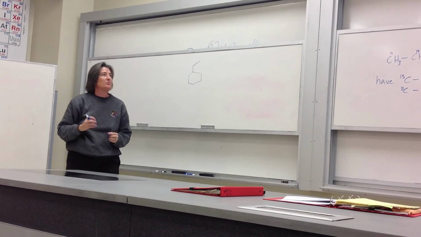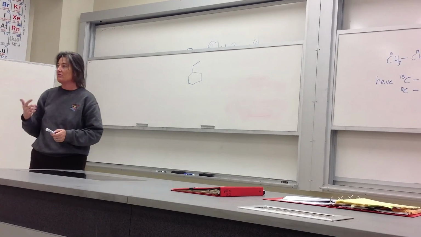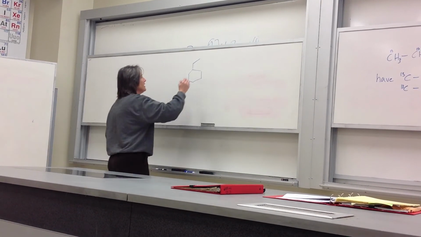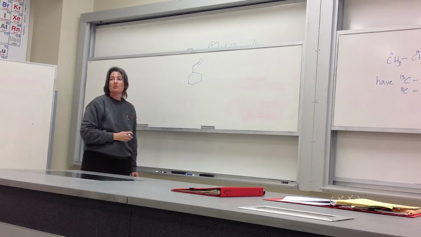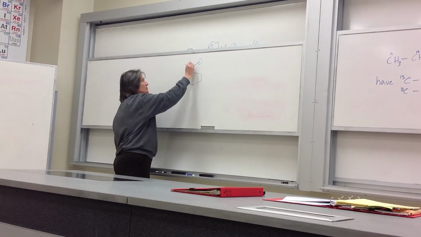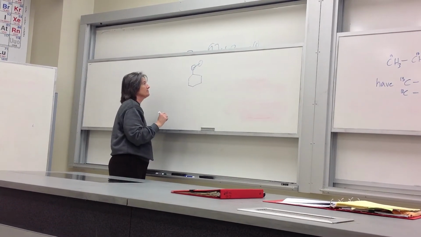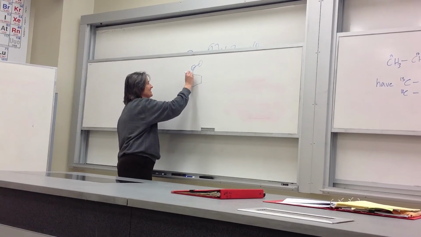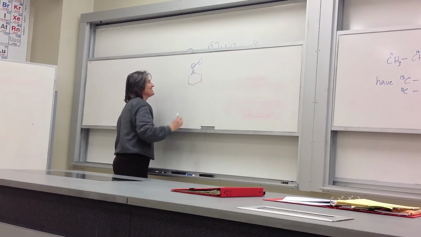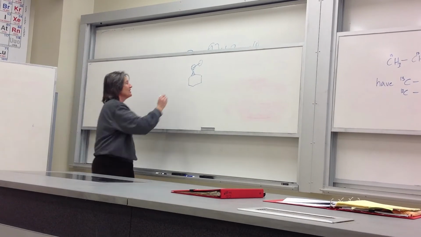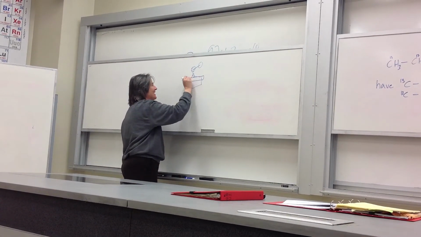So how many peaks you would have depends on how many different kinds of carbons you have. So I have that. This clearly one type, right? This one is different. I'm going to run out of shapes. A triangle. That one's different. A square. Okay. That one's different.